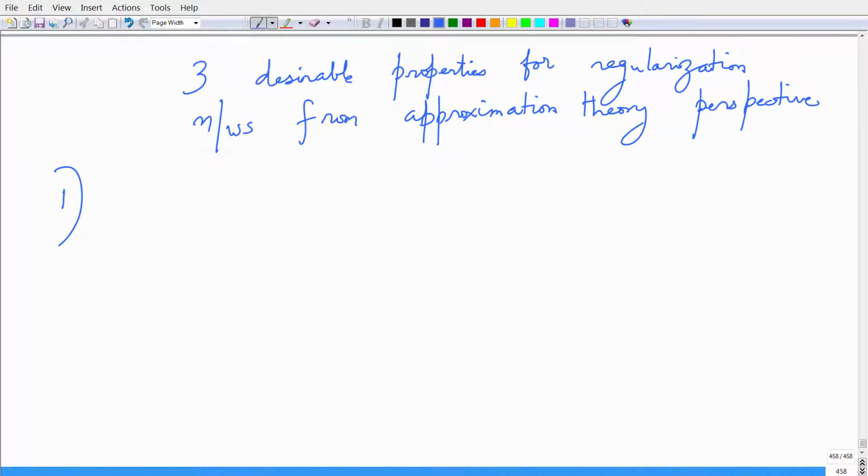So, from an approximation theory perspective, the regularization network has 3 desirable properties.